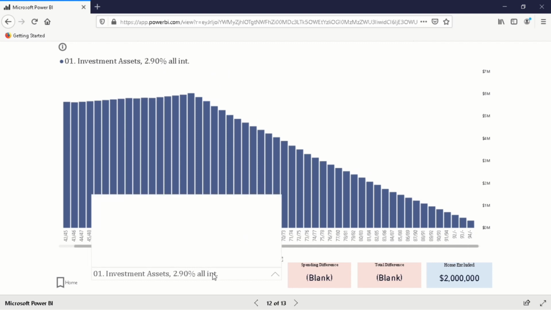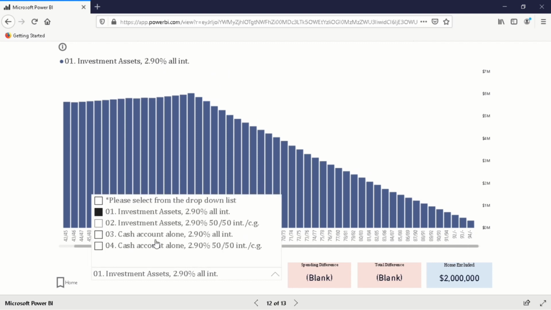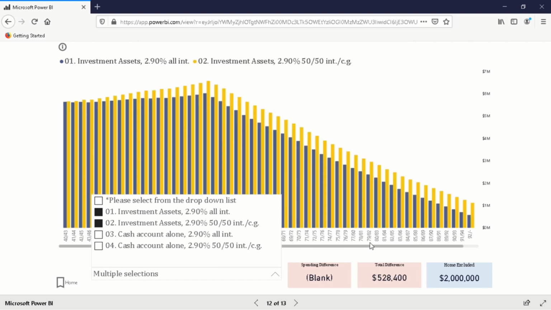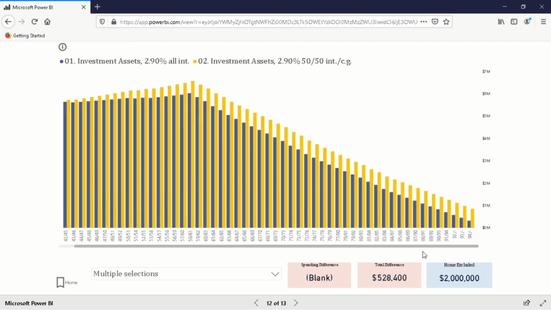If we toggle to that 50-50 portfolio that we created, you can see we get quite a nice boost from that better tax treatment from those capital gains. Even though our 2.9% rate of return is unchanged, at the end of the projection we're about $500,000 ahead of our base projection. And so that's a nice win.